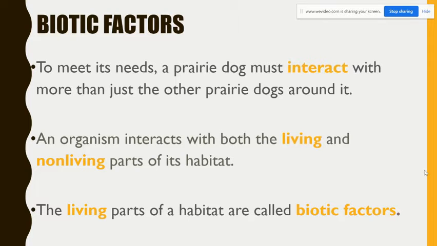So there are different factors in environments. To meet its needs, the prairie dog has to interact with more than just other prairie dogs, or other members of its species. So the organism interacts with both the living and the non-living parts of its habitat. The living parts, or other organisms such as plants and other animals, are called biotic factors.